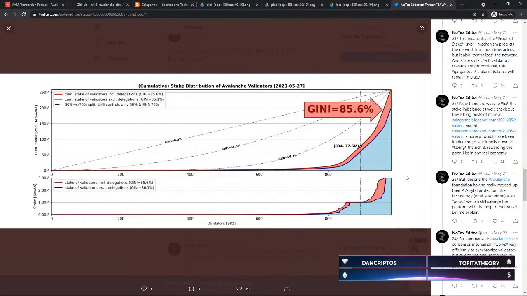But that doesn't mean if you have an 85.6% number that you can say, oh, now we are 85% centralized. No, that's not the right way to think about it. Right. So this is why this is kind of a dangerous number to use. Gini doesn't measure centralization or decentralization, but it's a proxy for it. It's a proxy.